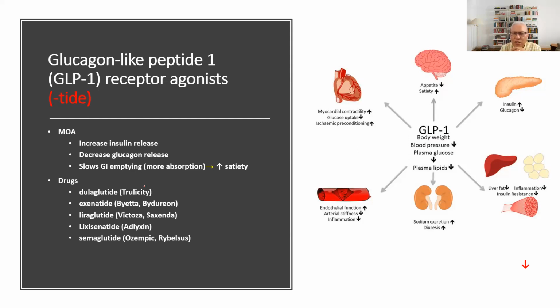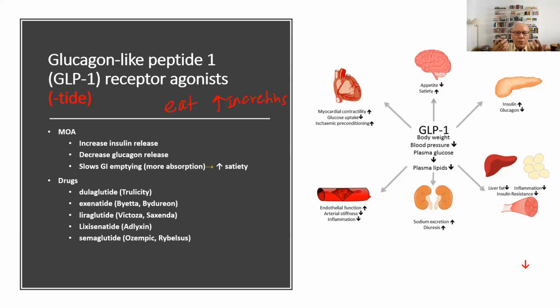The action of these drugs is based on incretins, and incretins are gut hormones that work to increase insulin secretion in response to eating. So when we eat, there's going to be an increase in incretins. And these are hormones that work in several ways.